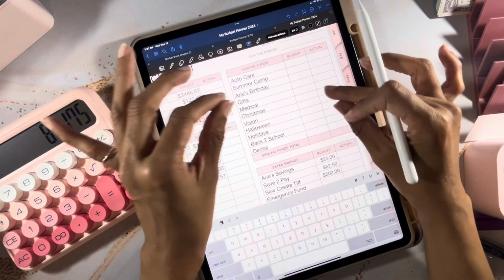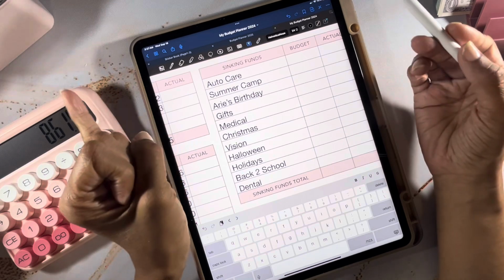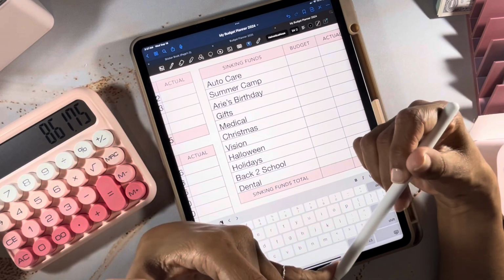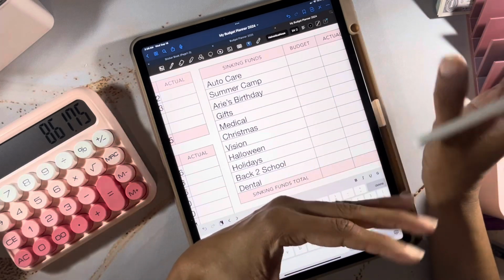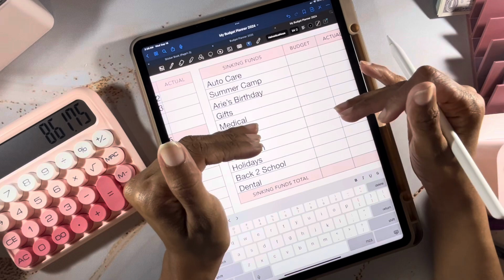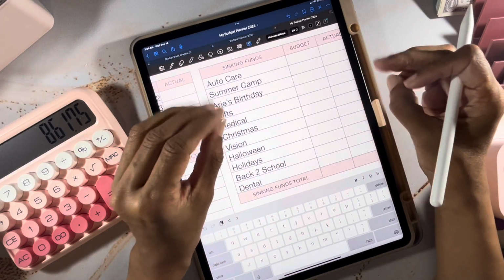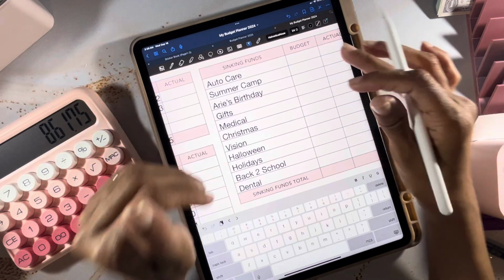A lot of my sinking funds will come from the savings challenges that I do, and once that money is collected, it's put into the sinking funds. But if I do have extra money within my budget, I will try to put a little bit into my sinking funds.